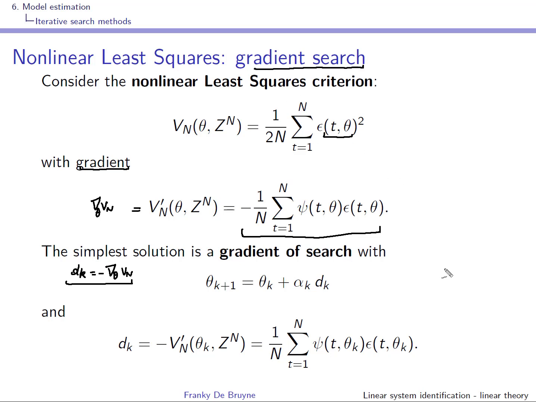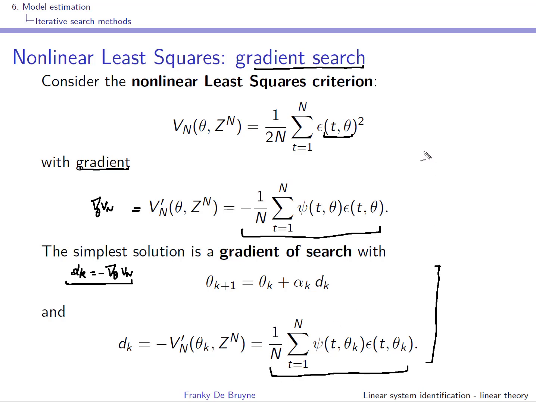So here you have the summary. This is the update equation that you have to use for theta. Remember that the new theta is the previous one with a step in the search direction, and the search direction is minus the gradient, so you simply take this one with a plus sign. Okay, so this is really the search direction.